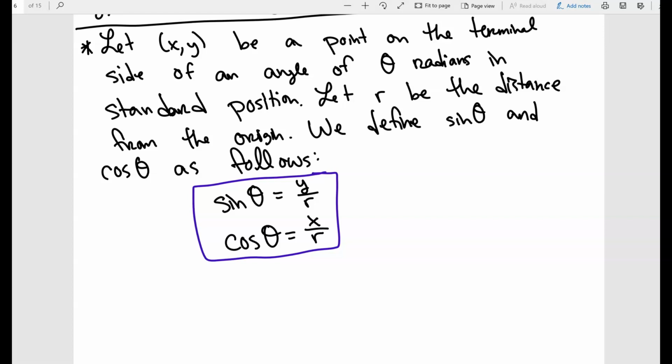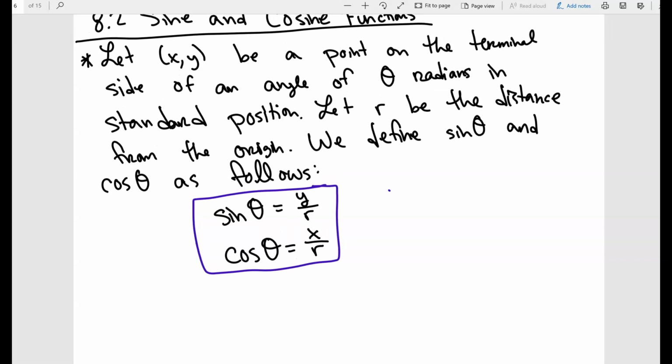Okay, so the way that we write this, sine, we basically get rid of the e and we just write sin, and then followed by the angle, so sin theta. For cosine, we get rid of the i and e, and we write cos, and we write theta, okay?